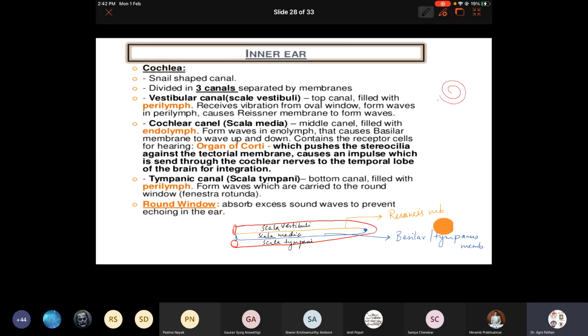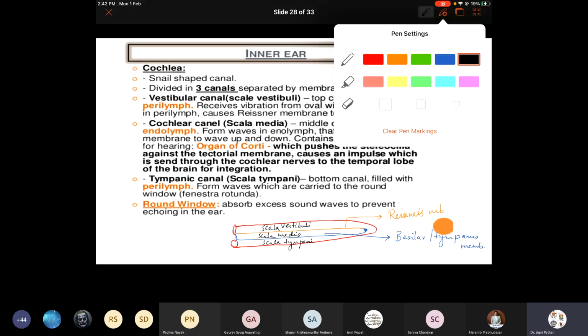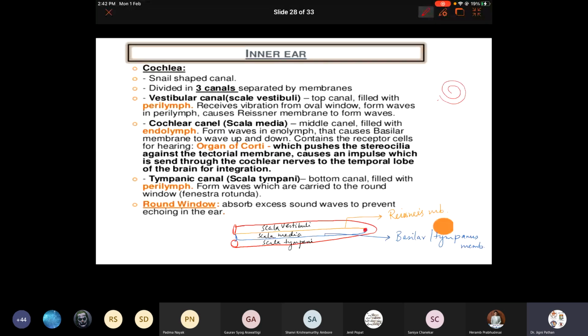And the region where the two membranes meet, here, this point is called helicotrema. Draw this. Please draw this. Draw and write, and I'll explain you.